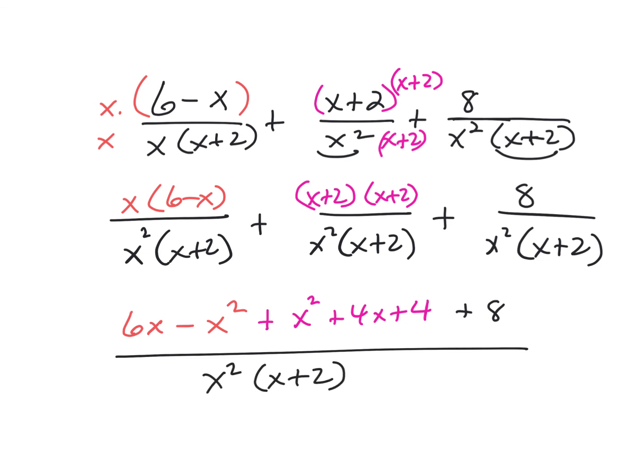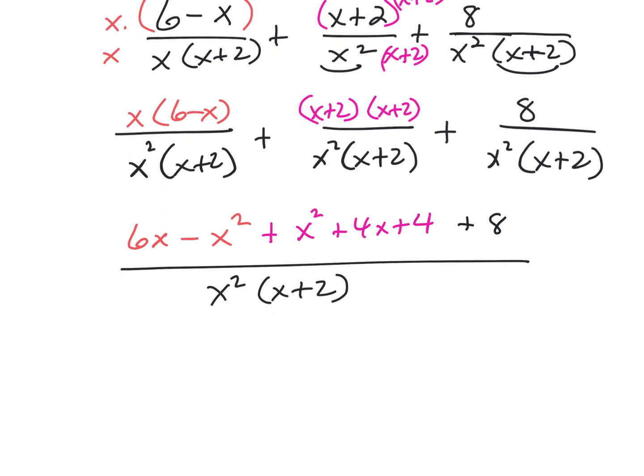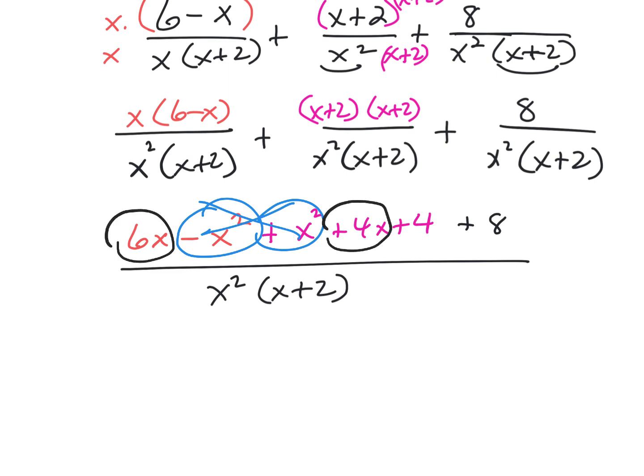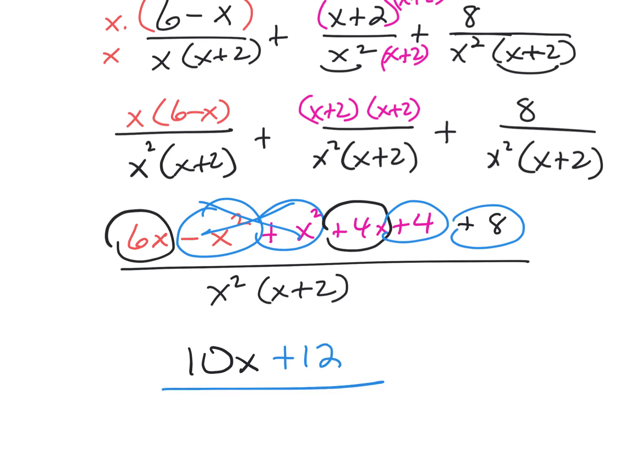And now I'm going to combine my like terms. So notice my negative x squared plus x squared, and that's gone. Then I'm going to go back and grab my x's. 6x plus 4x is 10x. And then lastly, 4 plus 8 gives me 12. And then I have the same denominator, x squared, x plus 2.